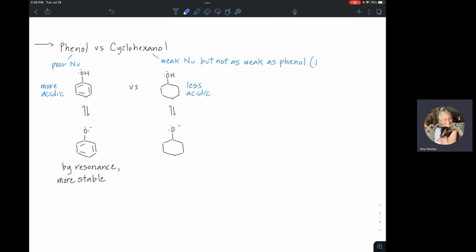In other words, the lone pairs of electrons are more localized on the oxygen in cyclohexanol.